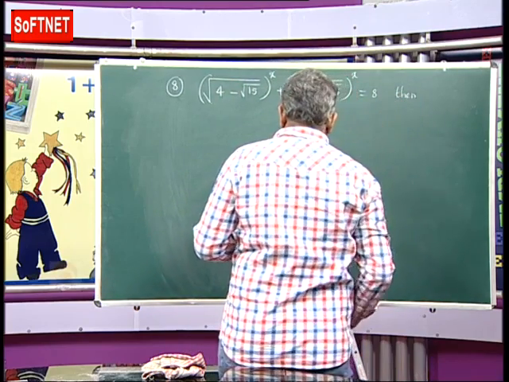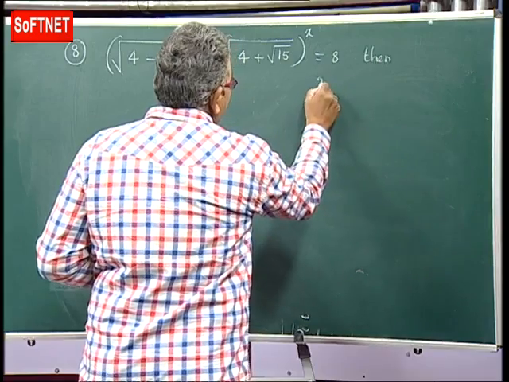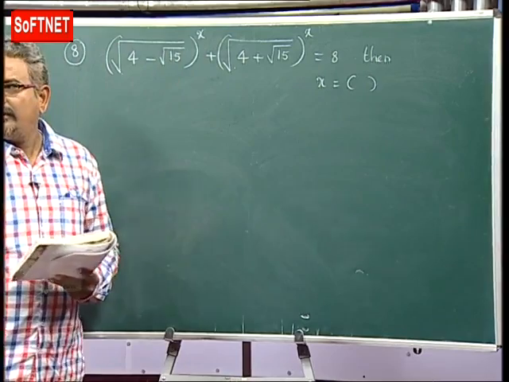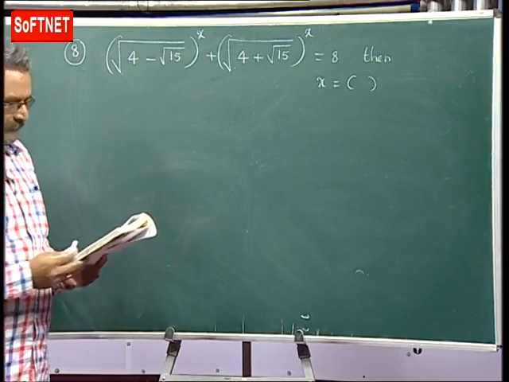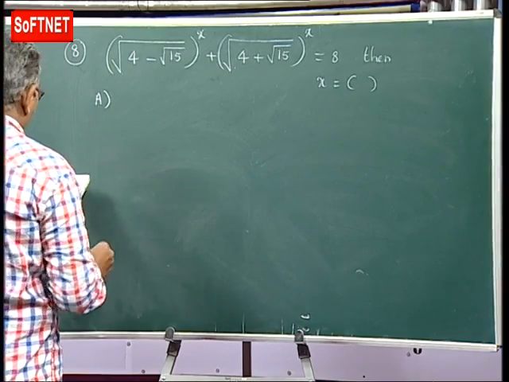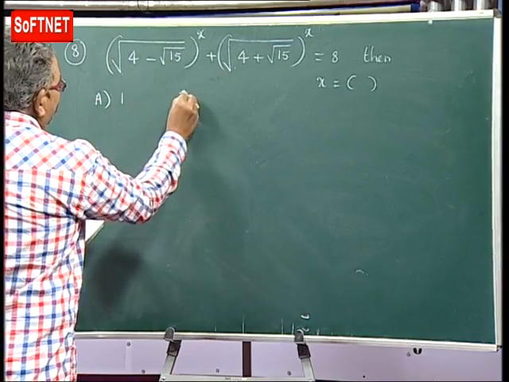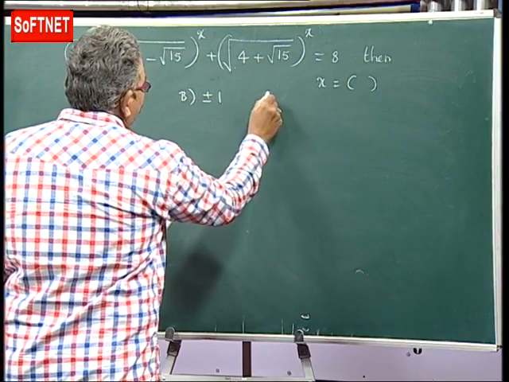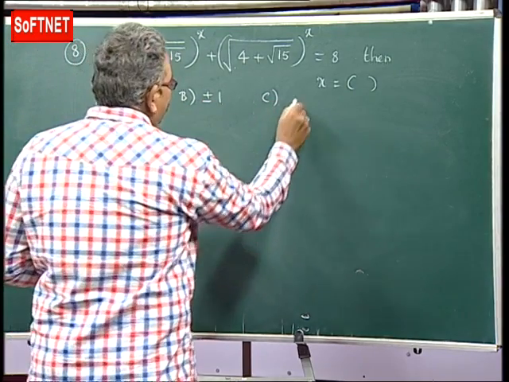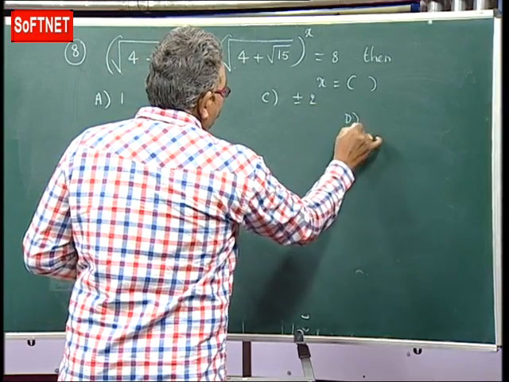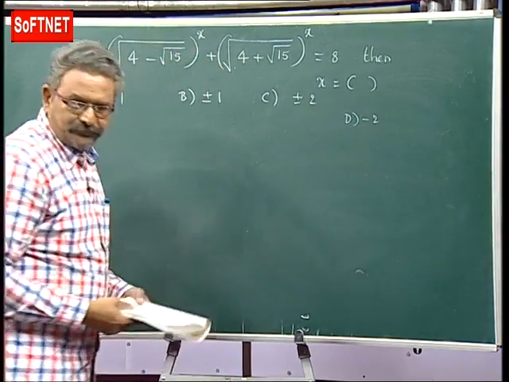Then x is equal to, okay, a 1, b plus or minus 1, c plus or minus 2, d minus 2, which is the right option.